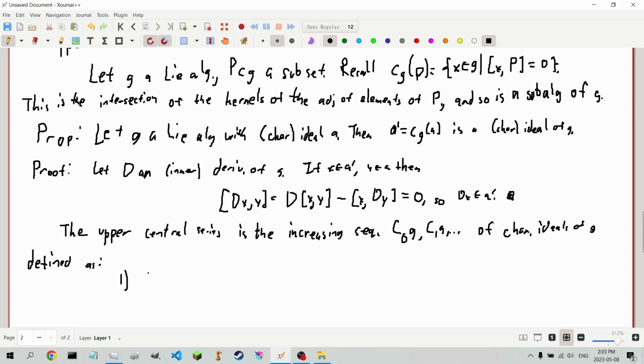In this case, C0 of G is actually just the element 0.